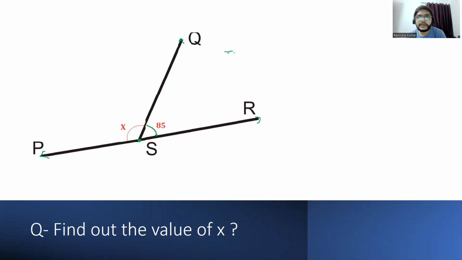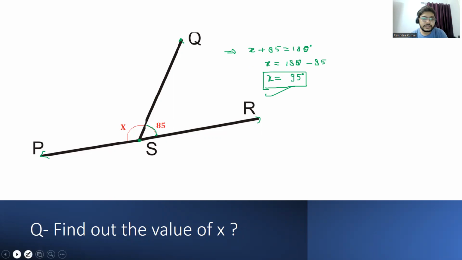As we discussed already, the sum of these two angles must be 180 degrees. Yes or no? Right? So when we transpose 85 to the other side, it is 180, not 185, it is 180 minus 85. Now subtract 85 from 180 degrees, so it will be 95 degrees. What is the value of x? It is 95, right? Okay, fine. Let's move ahead.